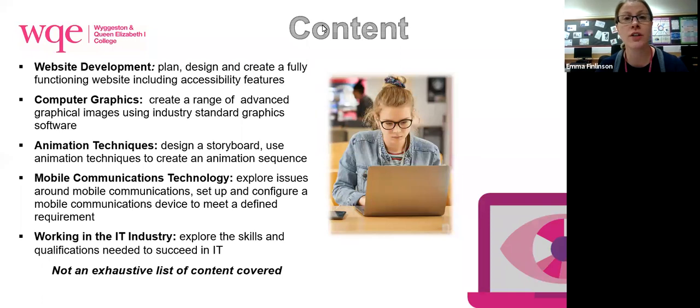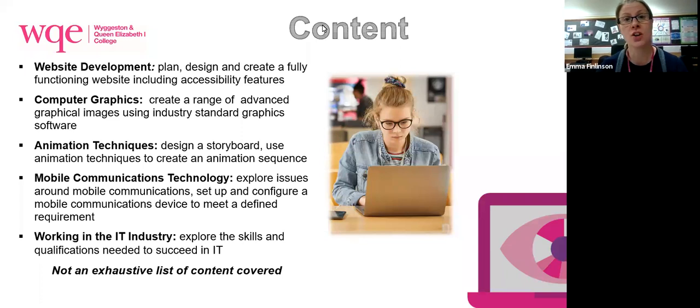We also offer a unit on computer graphics, where you would have the opportunity to explore a whole range of different graphic software, ranging from beginner level software like Serif DrawPlus, moving right through to the industry standard, which is the Adobe package, including Photoshop and Illustrator.